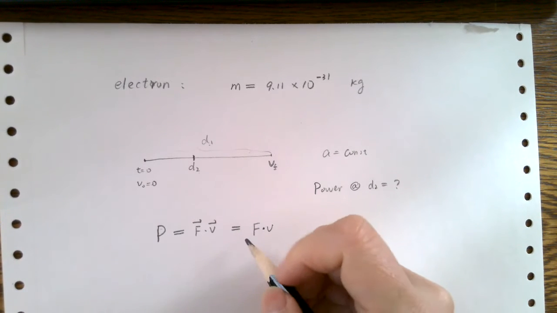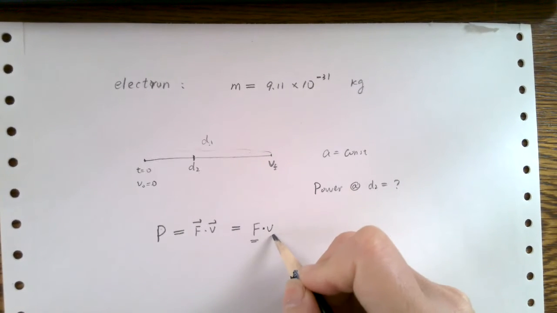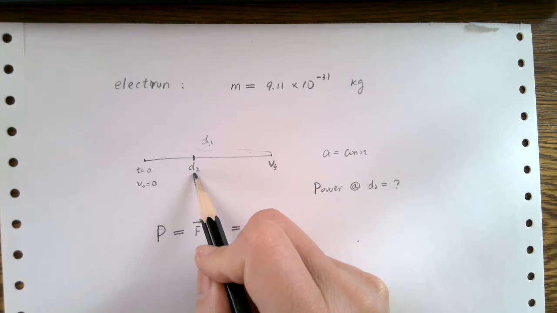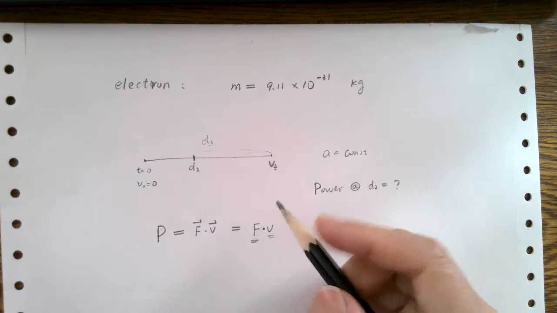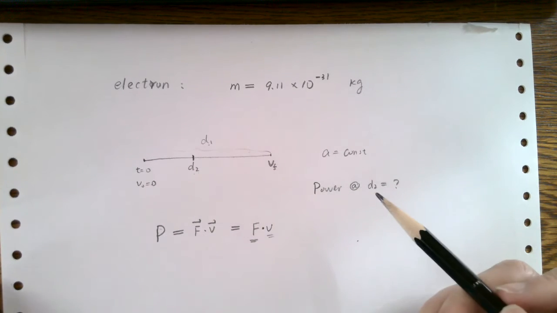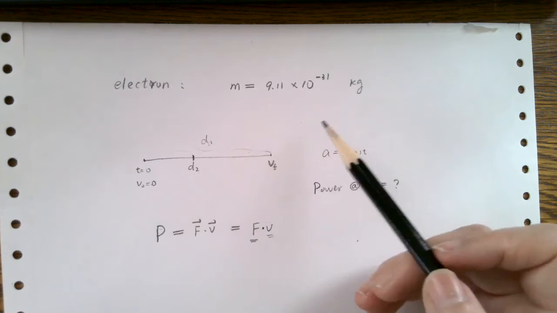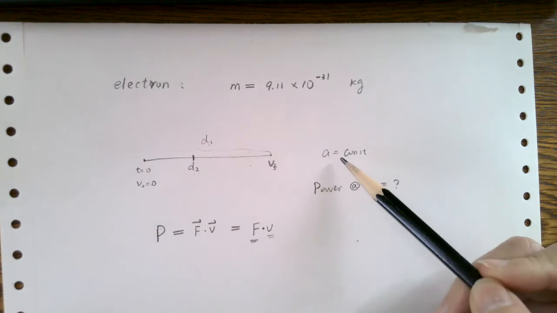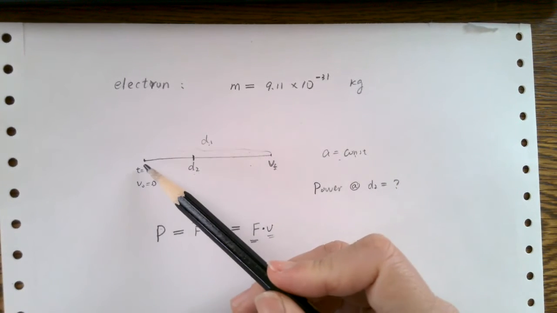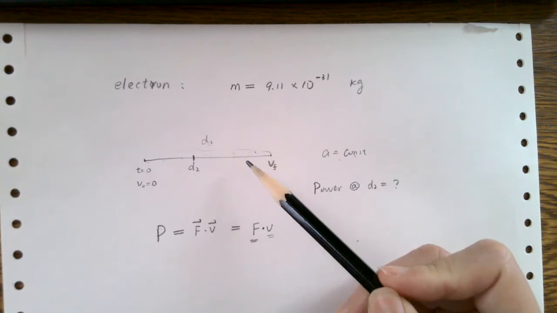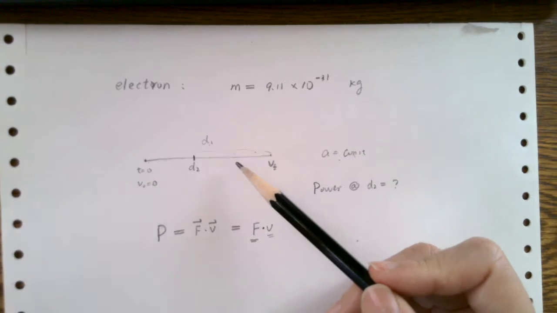So if we are able to find F and v at d2, then multiplying those two, we'll be able to get the power. The power is changing. Why? Because the force is not changing, since a is constant, but the velocity is changing at different moments. So the power will be changing as well.